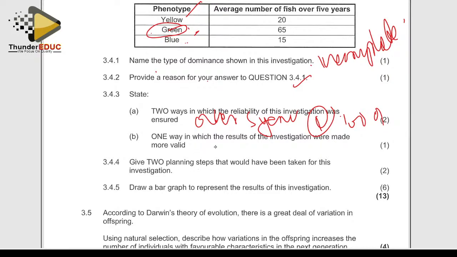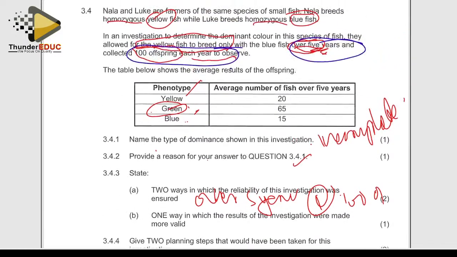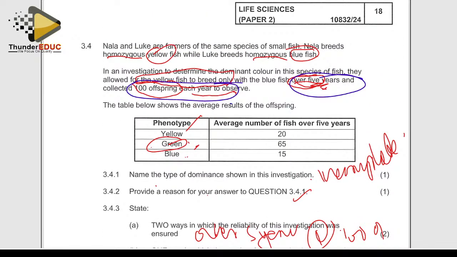Give one way in which the results of this were made more valid. How did they make this experiment more valid? They only allowed these species, the yellow and the blue, to mate.